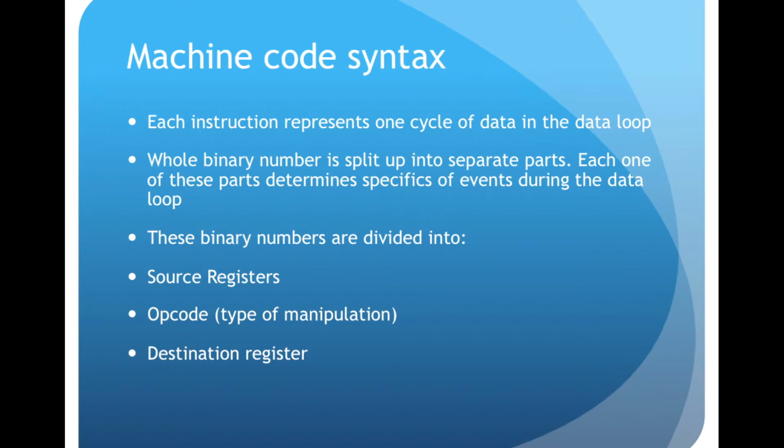So we're going to have one piece of information that says where it comes from, one piece of information that says what we're doing with it, and one piece of information that tells us where it's going to go. And that's mostly everything, honestly. It's very, very simple.